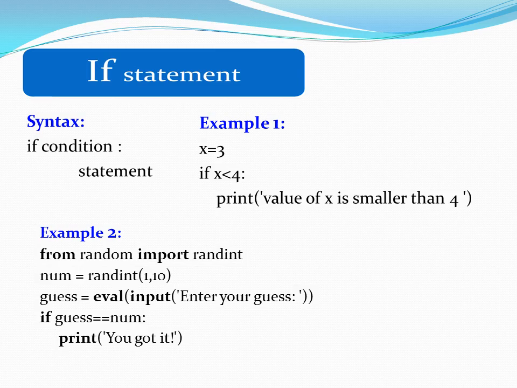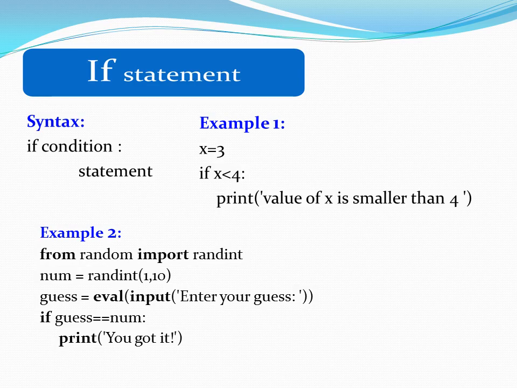If the value of x is 5, then the result of the statement will not be printed because the condition becomes false. x less than 4 is a condition which becomes false, and when it becomes false, the related statement will not be displayed or executed.